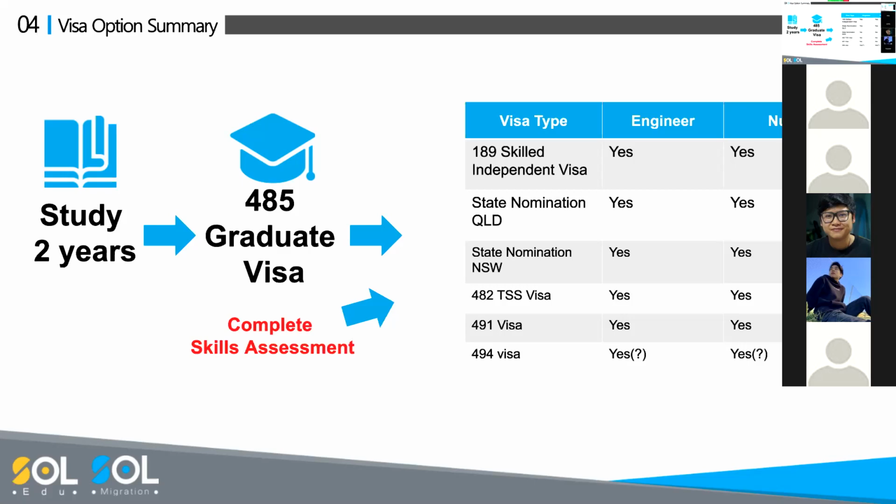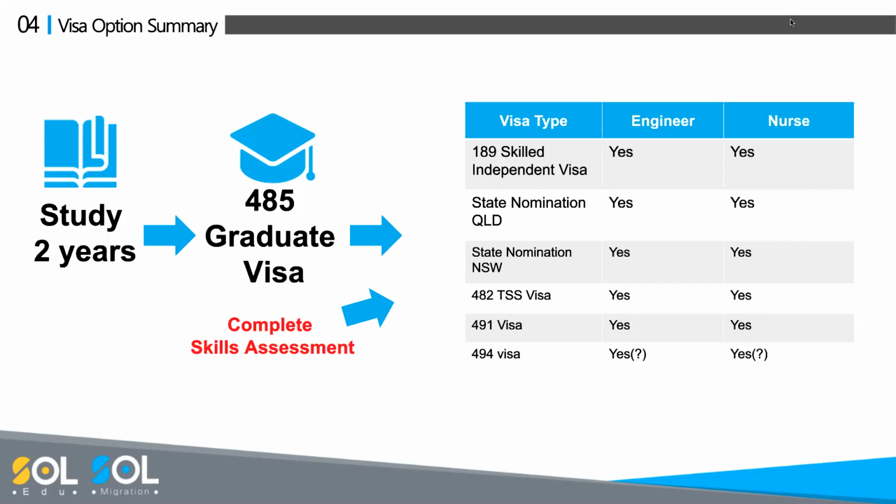And currently a lot of couples come, then the wife or husband is asked to study, but the main applicant becomes a dependent. Let's think about it. If the primary applicant studies a master course, the partner can have 2 years full-time work rights during the master, and then the graduation visa will be 3 to 4 years, which means the full-time work rights will be 5 years, 4 years, and can be up to 6 years.